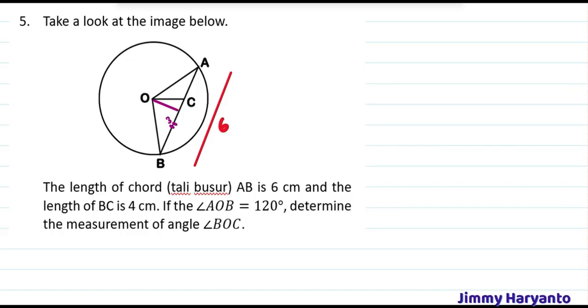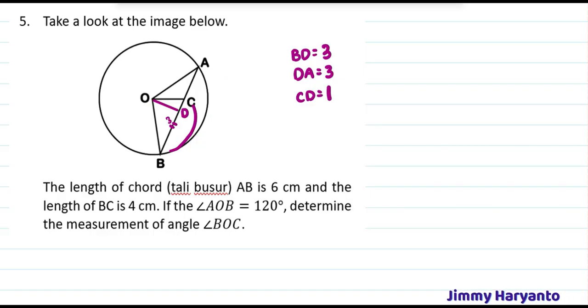Okay, let's label it as D. That means BD equals 3 and DA also 3. Next, the question said that BC equals 4. Because BC equals 4 and this one is 3, that means CD equals 1. Okay, I will erase this.